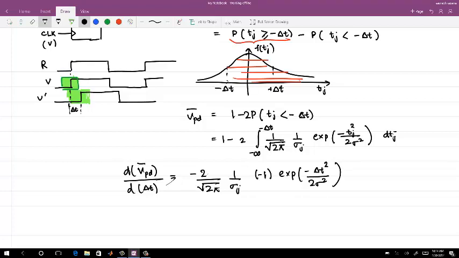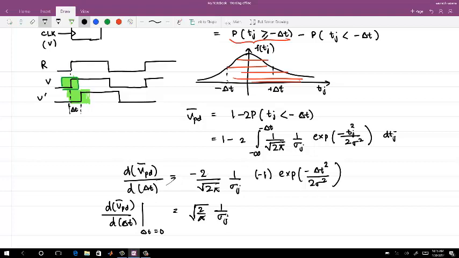I'm just differentiating with respect to delta t. Evaluated at delta t equals 0, it is root 2 by pi into 1 by sigma. You can check if there is any factor missing.